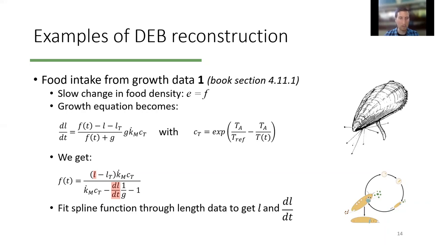And to retrieve these quantities, an easy process is to fit a cubic spline function through the trajectory length data that we have from the environment, from the real world, in order to get these two quantities, L and its variation over time.